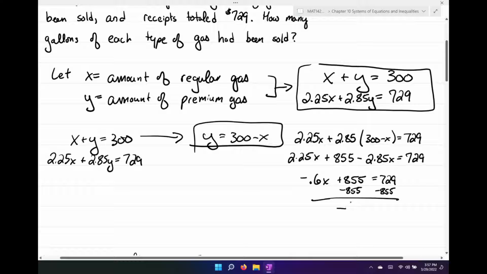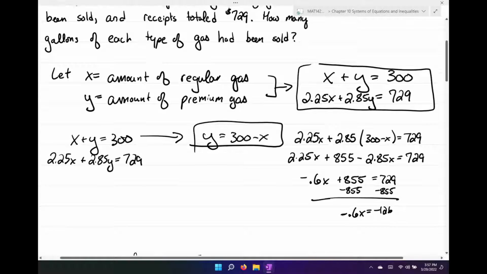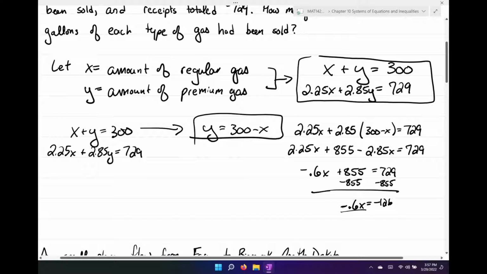This gives me negative 0.6x equals 729 minus 855, which is negative 126. And then finally, we will just divide both sides by negative 0.6 to give us x equals 210.